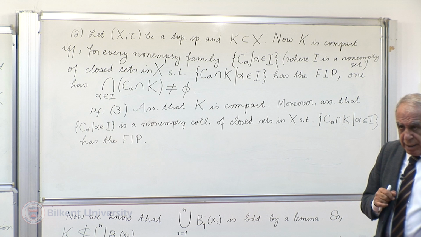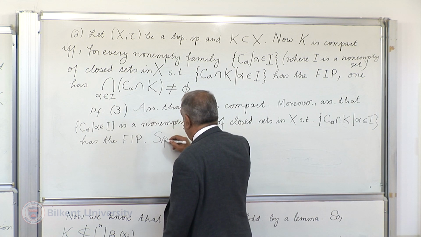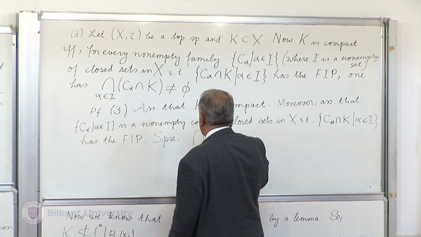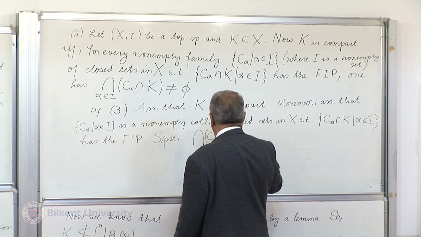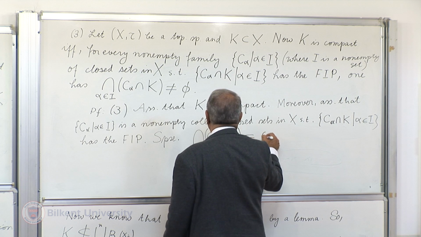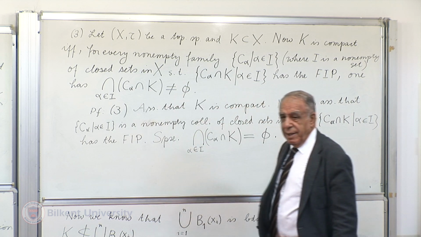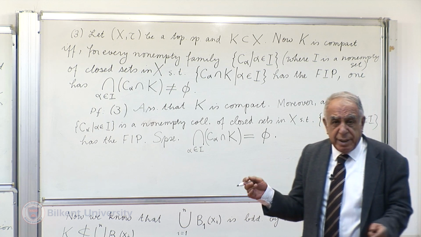Let's proceed by contradiction. Suppose this intersection, C alpha intersection K, alpha in I, is empty rather than non-empty. This should lead to a contradiction if the statement is true. But here we have just a definition of compactness.